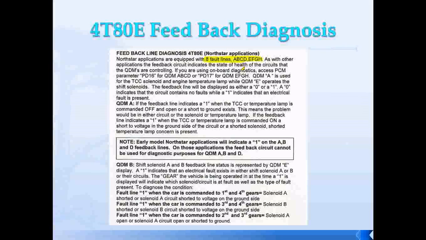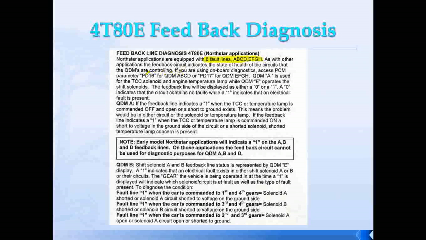Now, as most of you guys are aware on the Cadillacs, you entered onboard diagnostics by pressing the off and warmer button simultaneously on the driver information center or the control panel, and it would then take you through and allow you to look at the different parameters. Well, PD16 would give you the fault lines for the QDM A, B, C, and D. PD17 is QDM E, F, G, and H, and that's where we're going to be for our transmission, PD17.